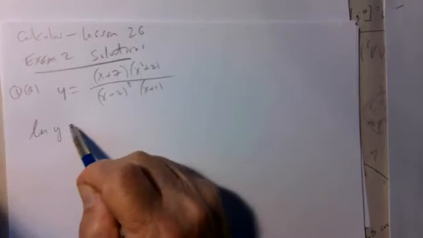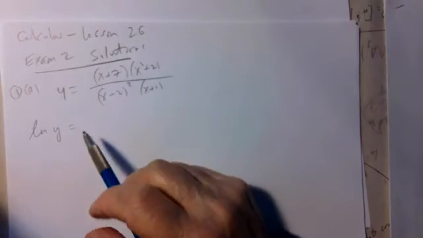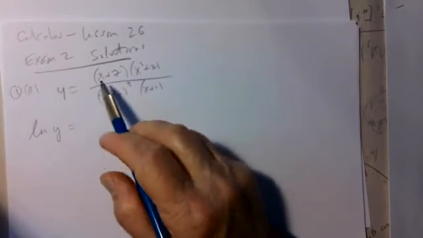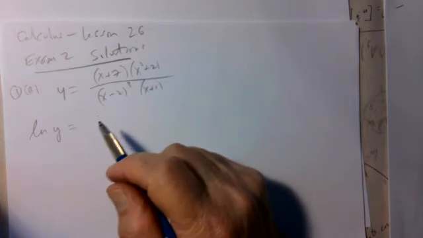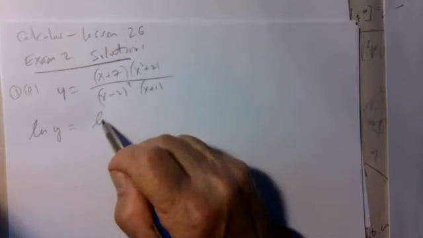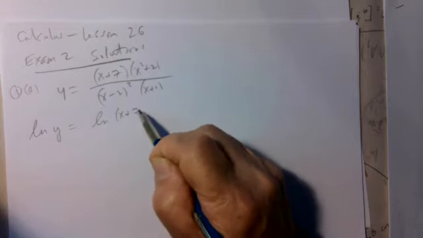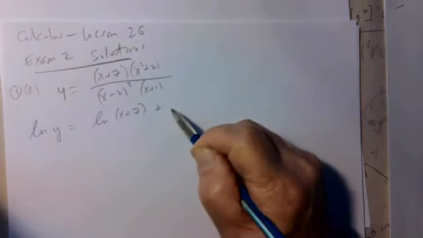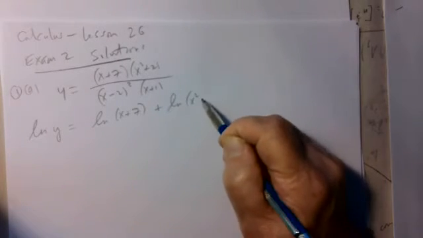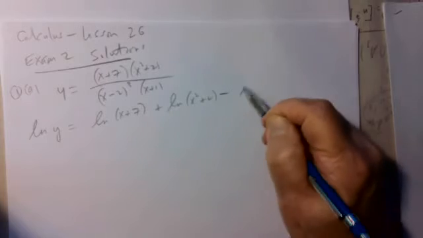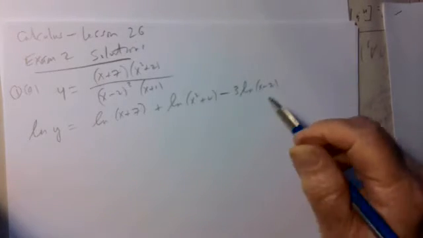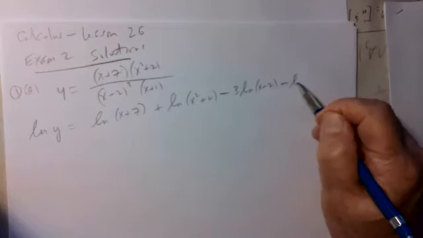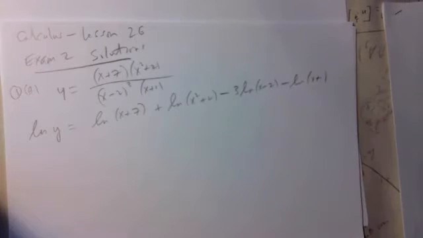So we take the log of y. And by the rules of the logarithm, the log of a product is the sum of the logs. The log of a quotient is the difference of the logs. So this is the log of x plus 7 plus the log of x squared plus 2 minus the log of (x minus 2) cubed, but a power can be put in front of the log, minus the log of x plus 1.